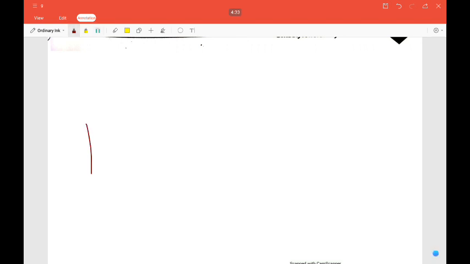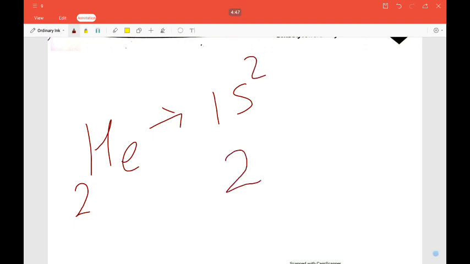I'm going to write here helium. So helium is written as He and its atomic number is 2. So we write here 1s2 simply, or it is written as 2 only because there are 2 electrons in K cell. So there is one subcell, that is S. So helium shows the property of duplet.